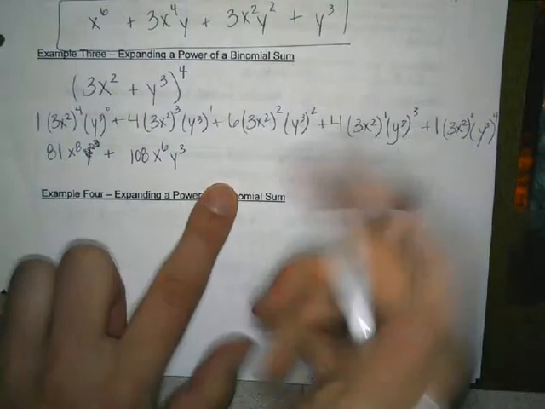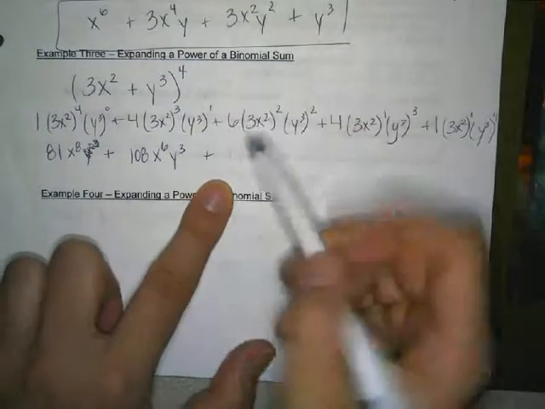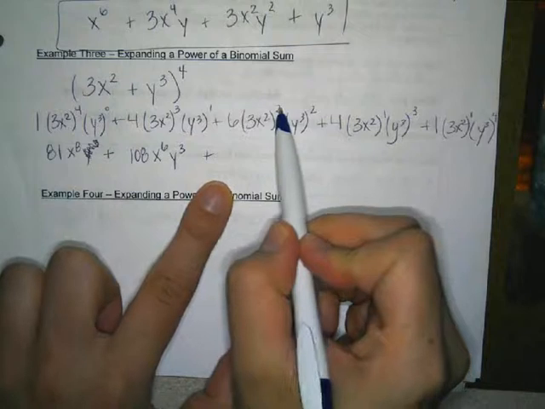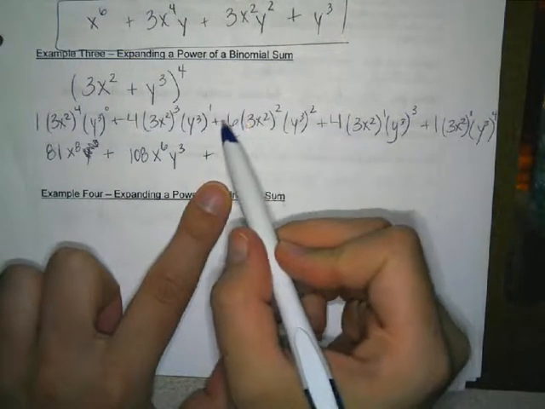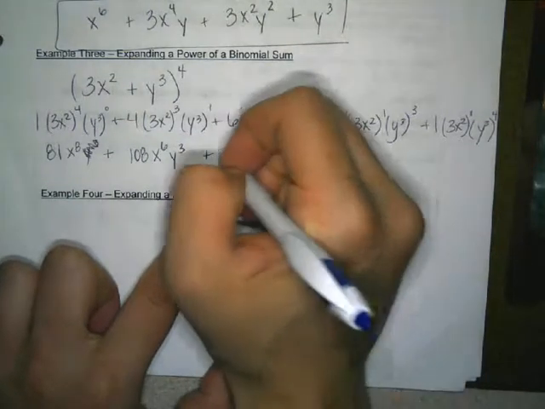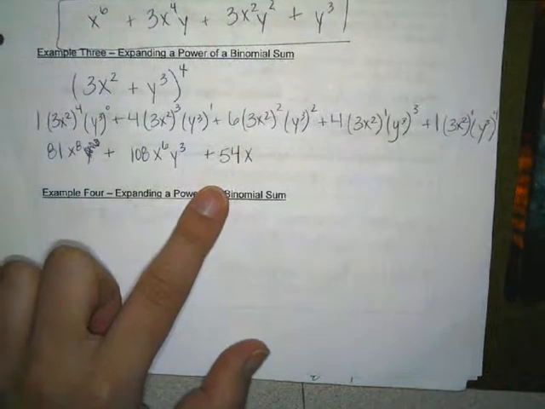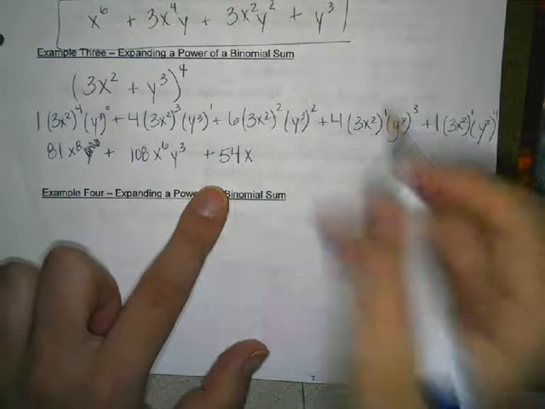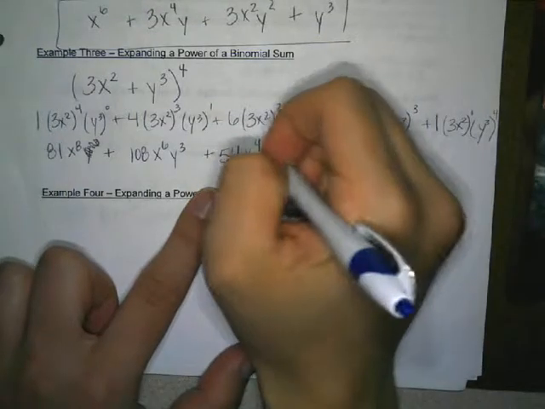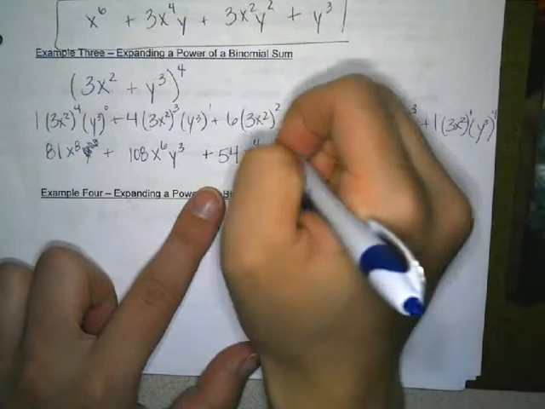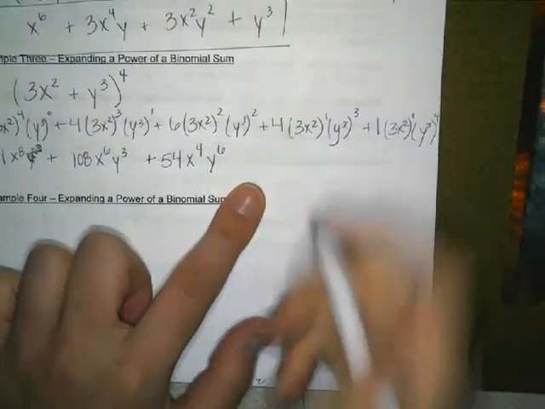Next term, 3 squared is 9. 9 times 6 is 54. What's the exponent on my x? 4. And then what's the exponent on my y? 6. Okay, moving right along.